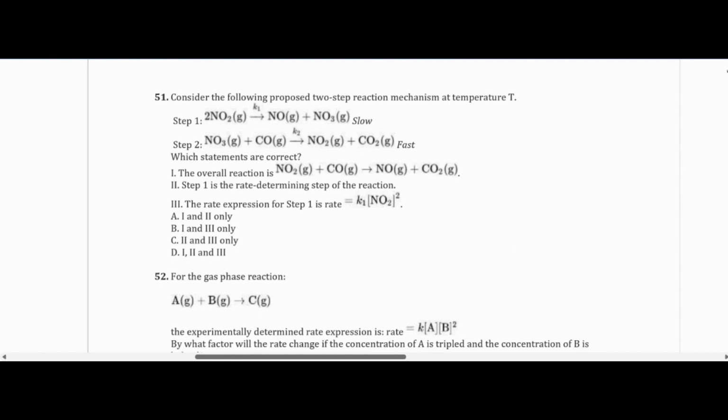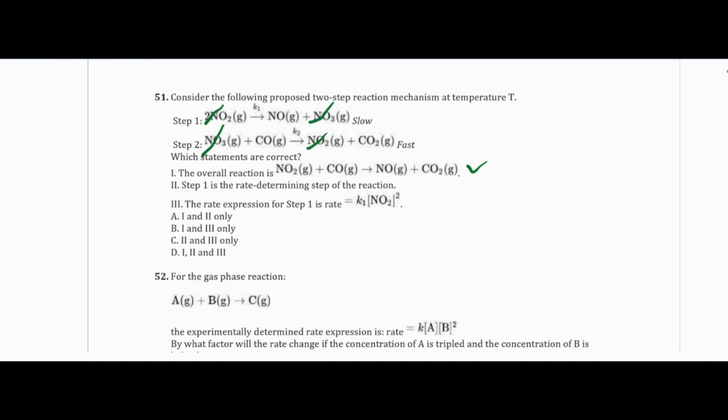51. Consider the following proposed two-step reaction mechanism at temperature T. Which statements are correct? So all you have to do here is cancel items that are found on both sides. So we're cancelling this, also one of these. And if you take what remains, you will get that. 2, step 1 is the rate determining step.